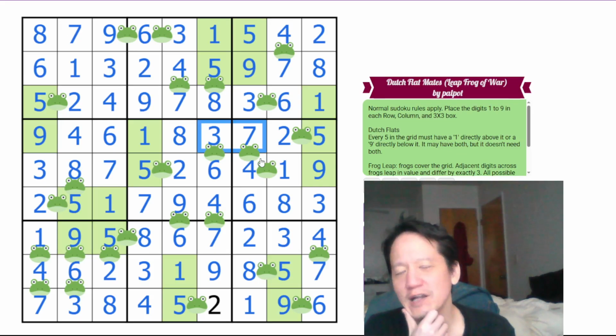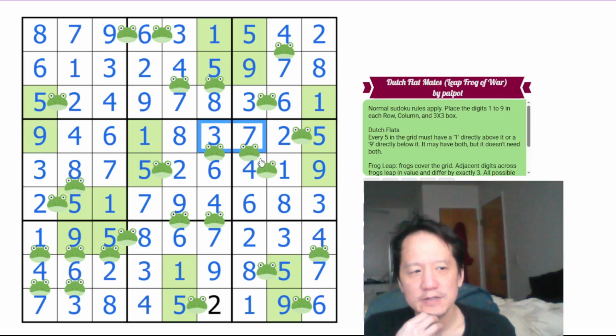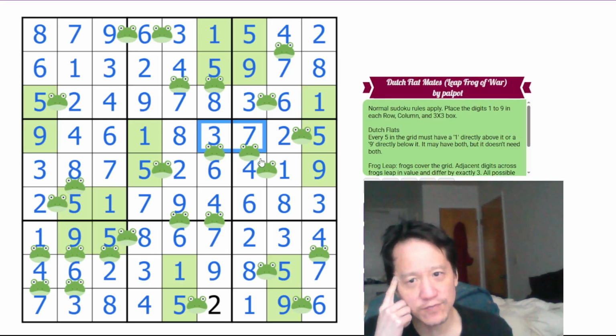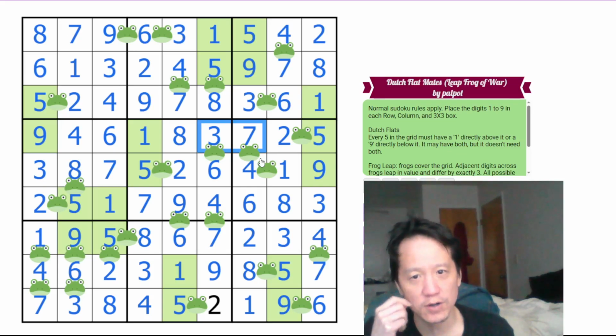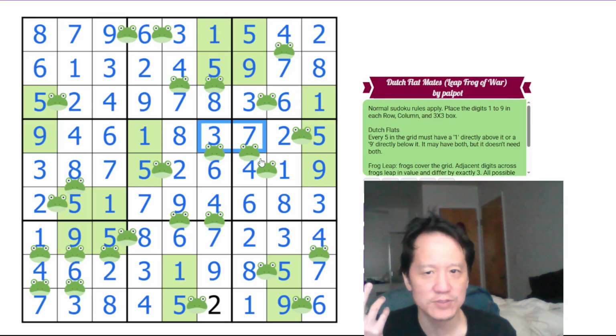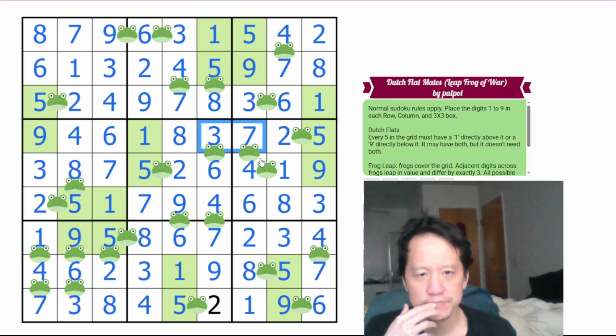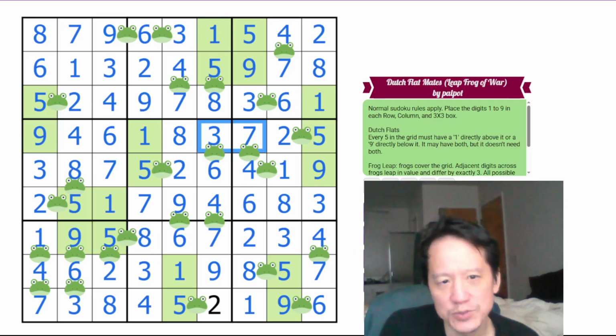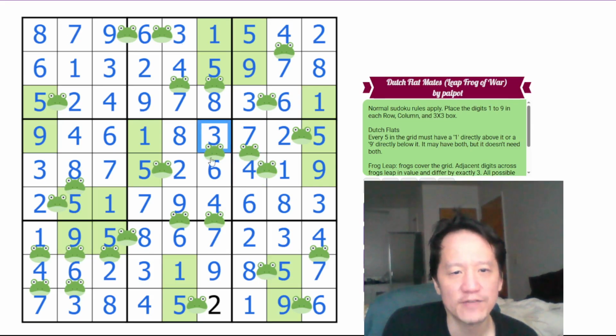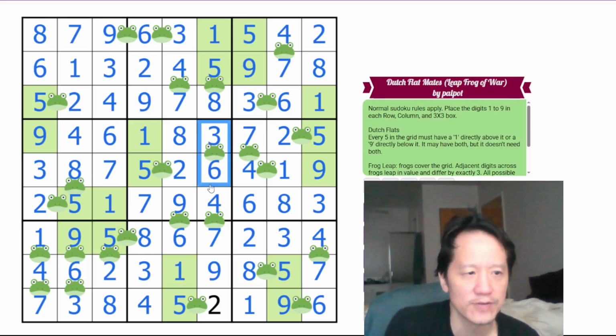I still don't think I would consider this very easy, because first you have to understand how the Frog of War, or the frog leaps, work, and what that entails, right? That you have to have a 4, 5, and 6 amongst every frog leap pair.